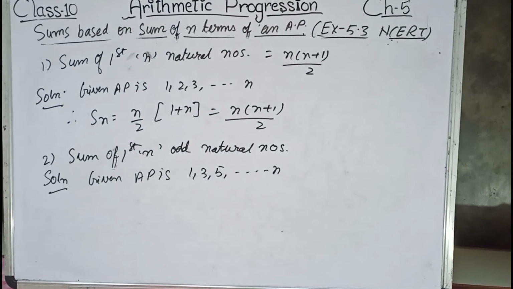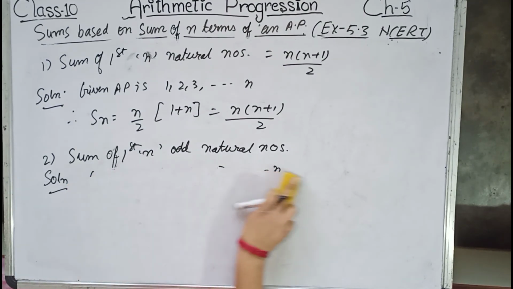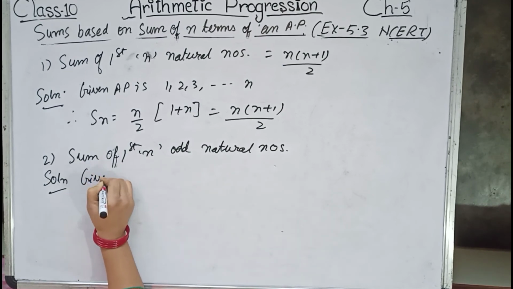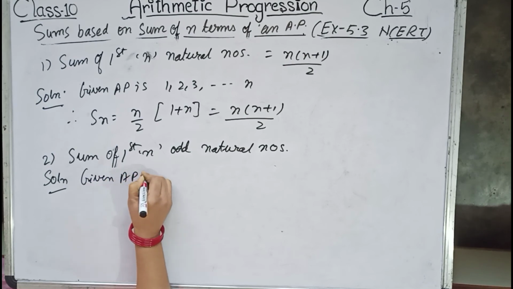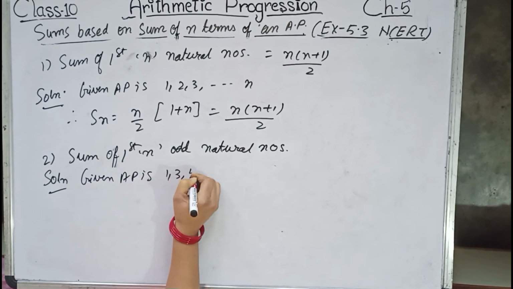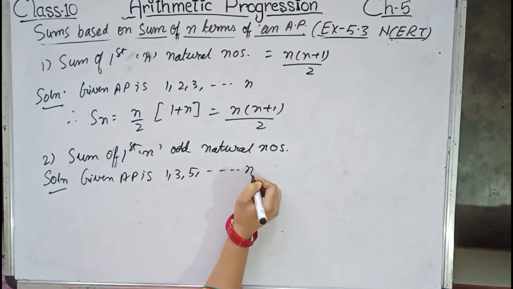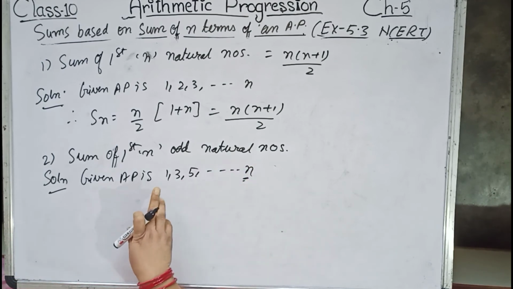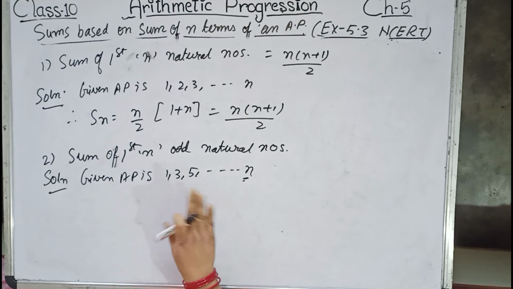Solution. Now let us do number 2, that is sum of the first n odd natural numbers. Now here we will be writing given AP is 1, 3, 5 and so on till n. Now if I write over here n, I will not be using the formula of first term plus last term.